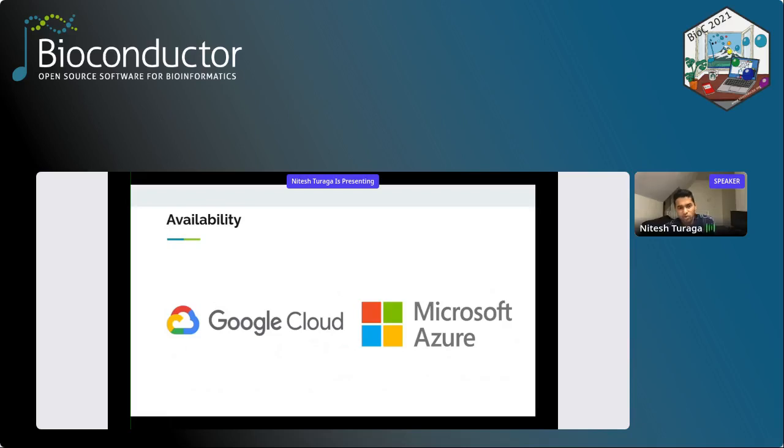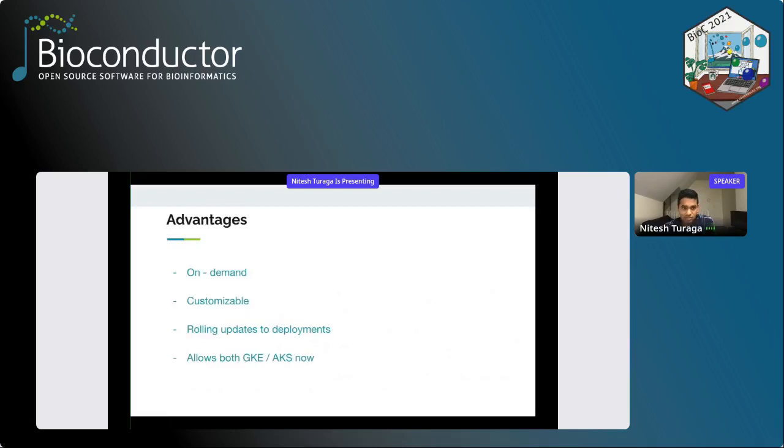So again, I want to go over the availability. Right now, it's available on Google and Azure, but in theory, you could use these Helm charts on other clouds as well. So the advantages, as you've seen here, is it's pretty on demand. I scaled up this massive cluster in front of you with a few keystrokes without doing much. It's very customizable.